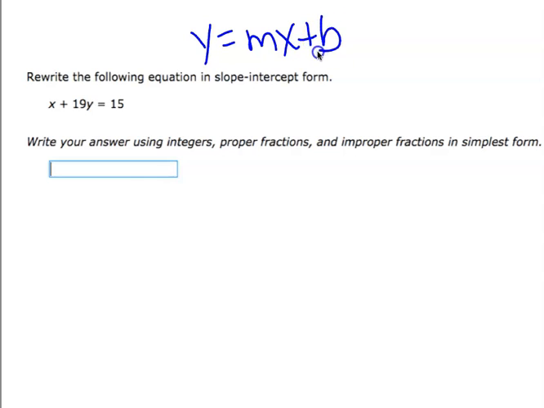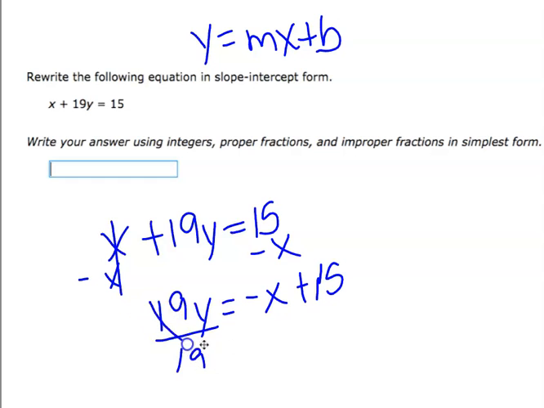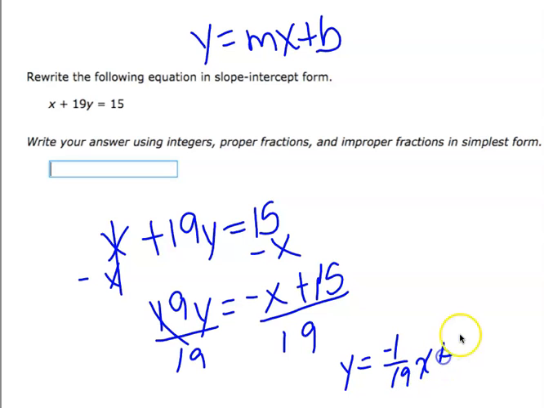I divide by 19 on both sides and I get y equals -1/19 x plus 15/19. And I can leave it like that. It doesn't matter. I don't have to simplify. So y equals -1/19 x plus 15/19. And that's in slope-intercept form.